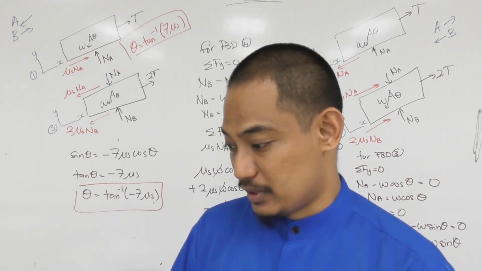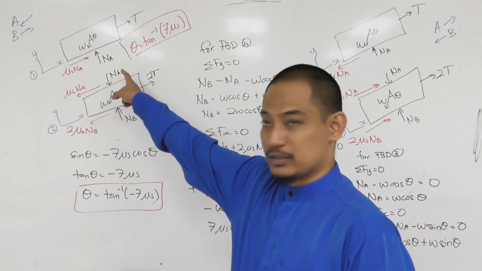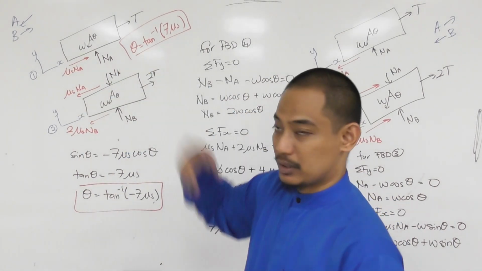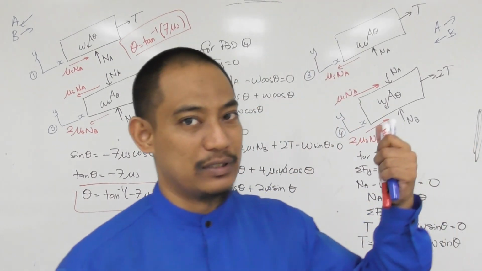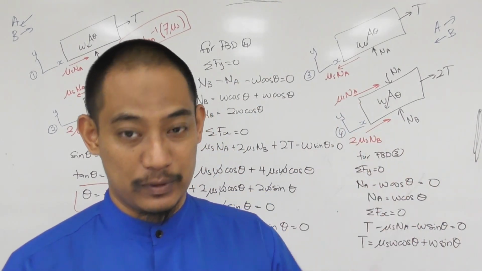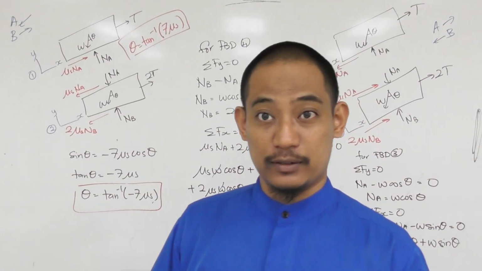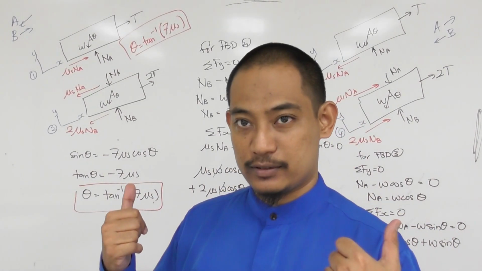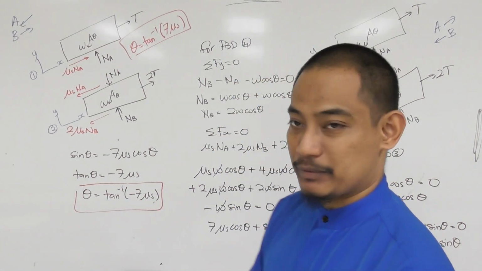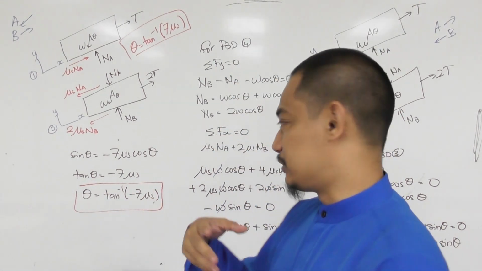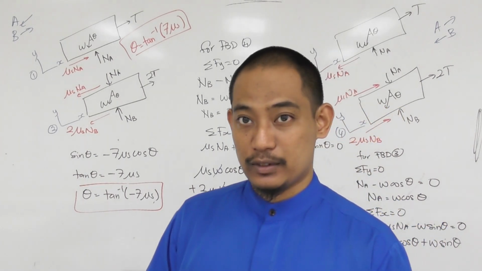So this assumption is the correct one because it gives you a positive theta. This one gives you a negative theta, so it's not correct. That's basically the question. If you have a question like this, sometimes you have to assume something and then check in the end.